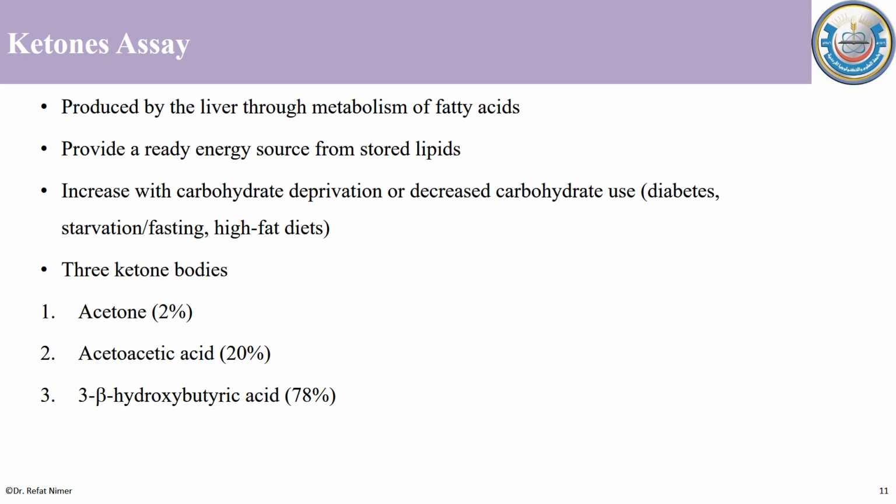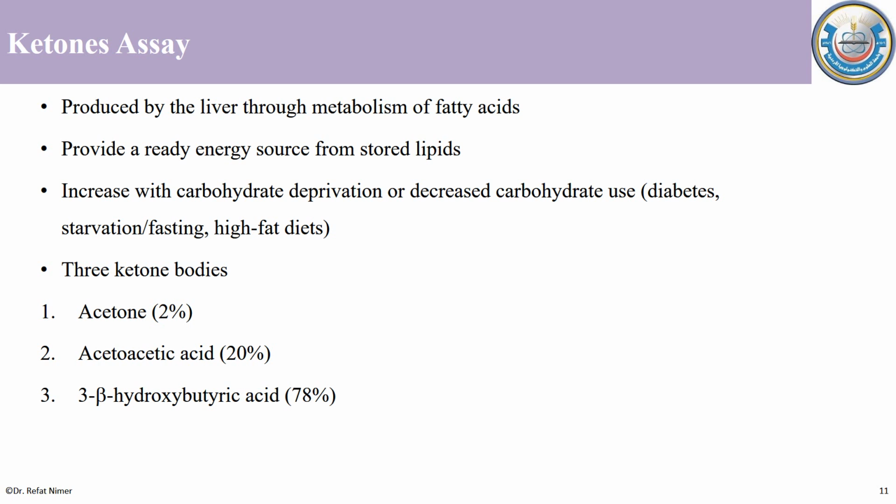These ketone bodies are acetone 2%, acetoacetic acid 20%, and 3 beta hydroxybutyric acid 78%. As you remember from the previous lecture, ketoacidosis is more common in type 1 than type 2.